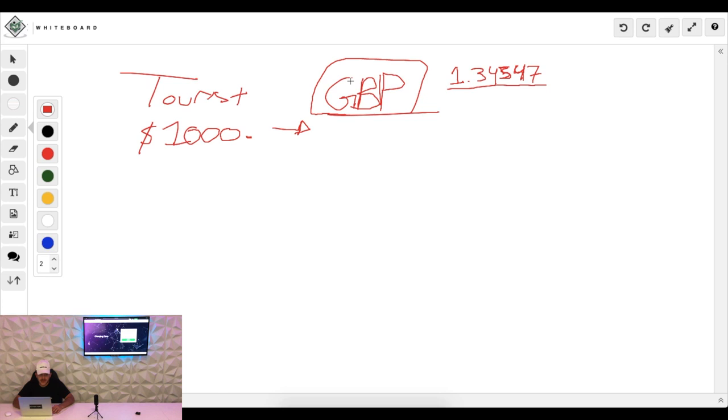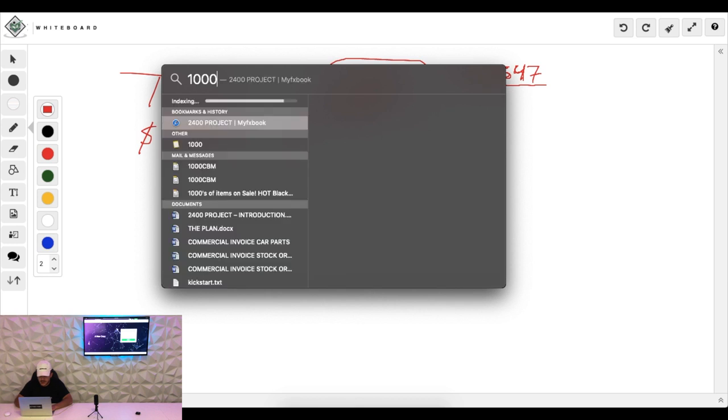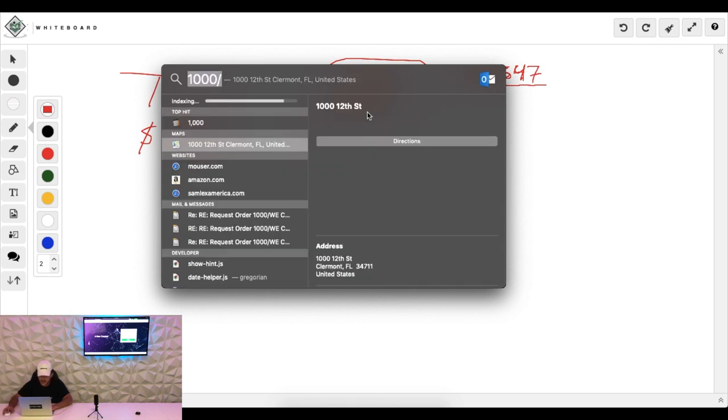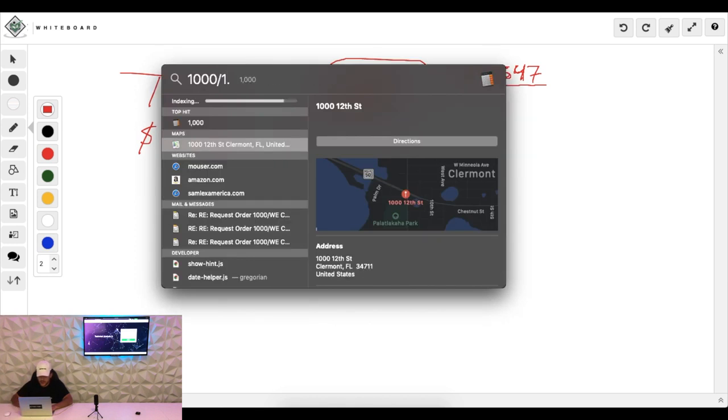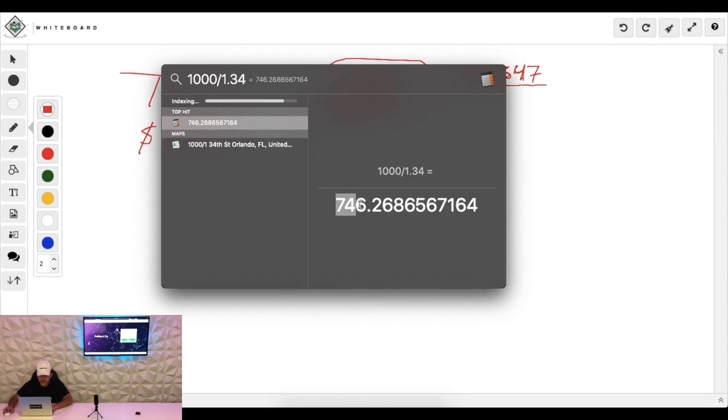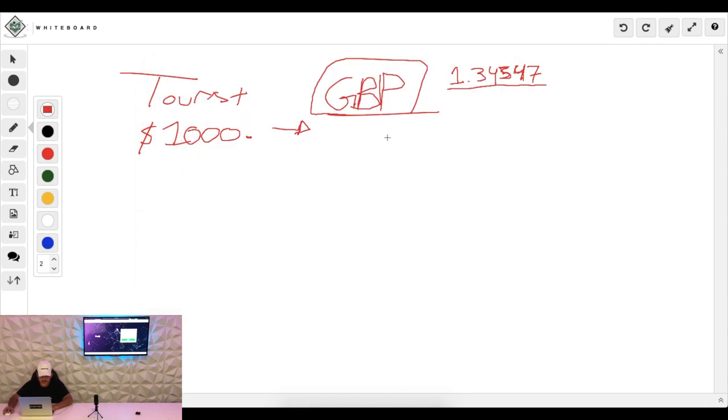Now that he wants to exchange his $1,000 to GBP, he'll have to pay 1.34 per British pound. So if we do the math, $1,000 divided by 1.34 gets us around 746 GBP.